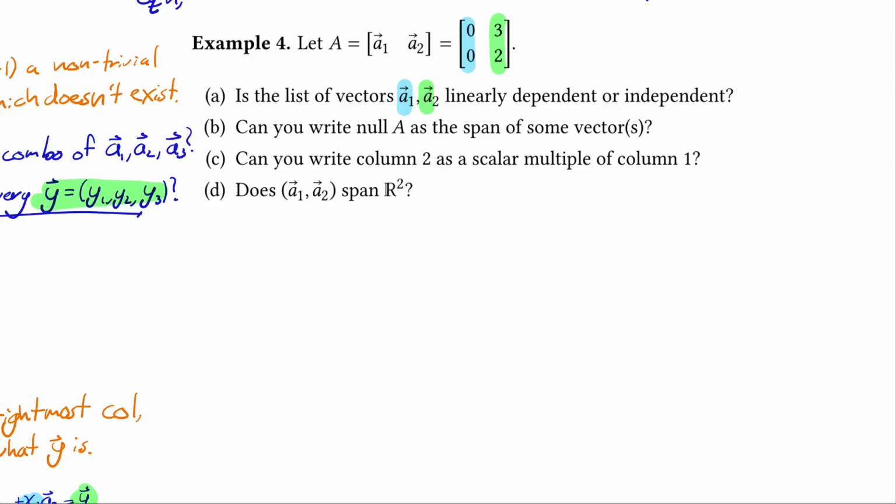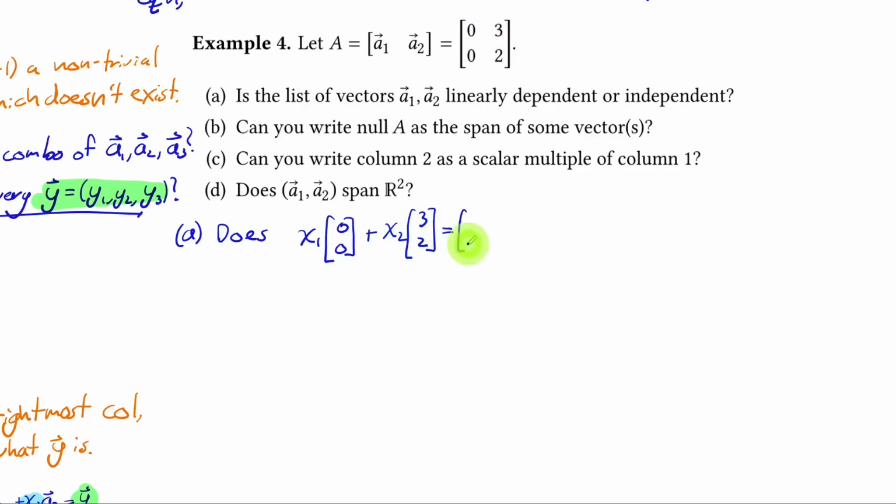Is that list of vectors linearly dependent or independent? Let's see. So I'm going to ask a question in the form, is it dependent? Does this homogeneous equation have a non-trivial solution? Can you think of a way to get an x1 and an x2 to make this come out to 0?